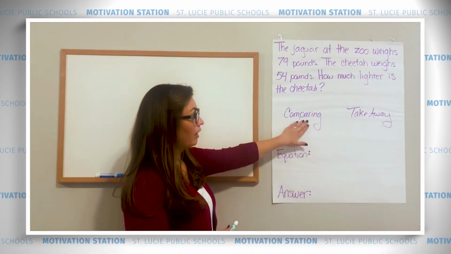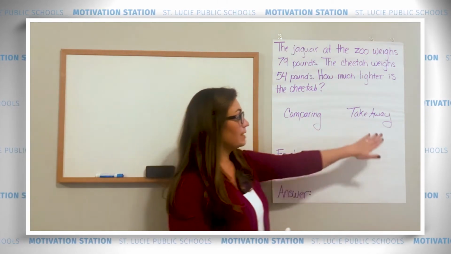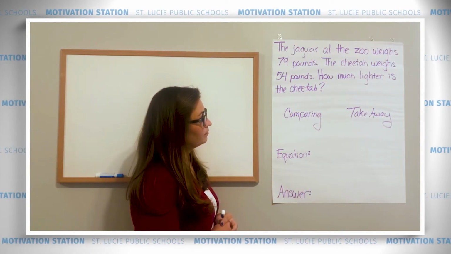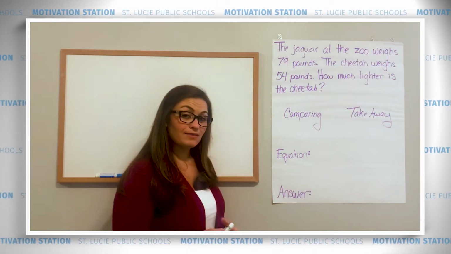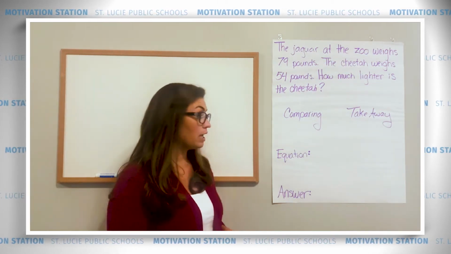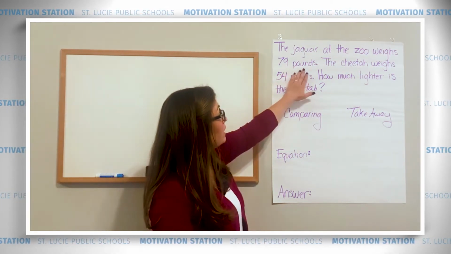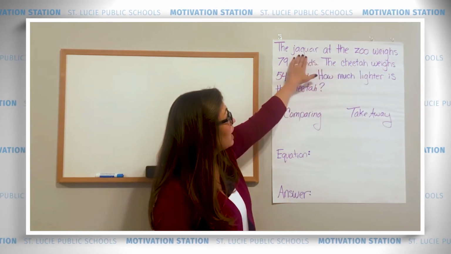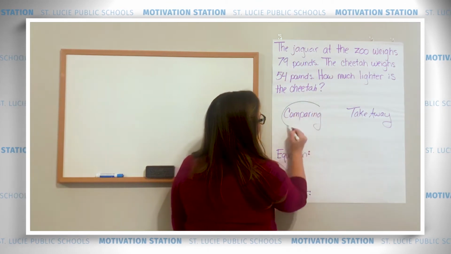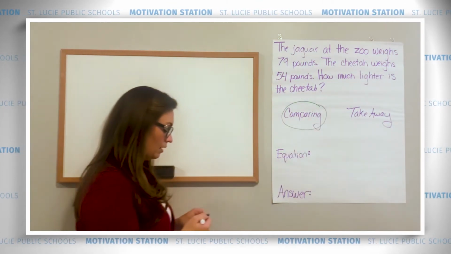Am I comparing two numbers or am I taking one number away from the other? Are the weights of these animals going to change? No. If there's no change, we're comparing them. We need to compare the weight of the jaguar to the weight of the cheetah. So we are going to be doing a comparing problem here.